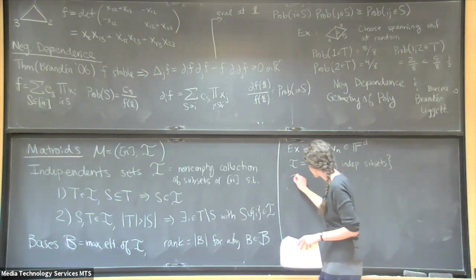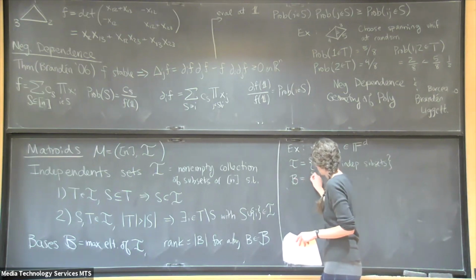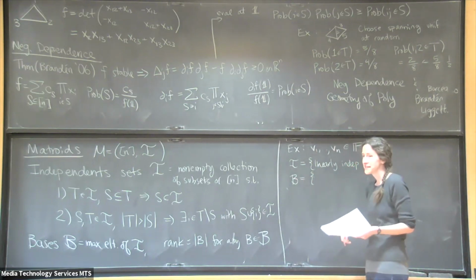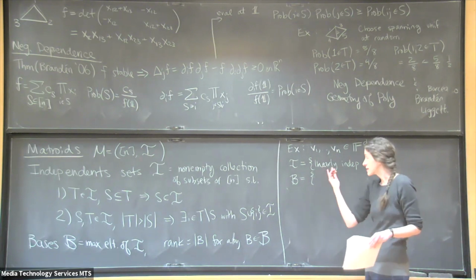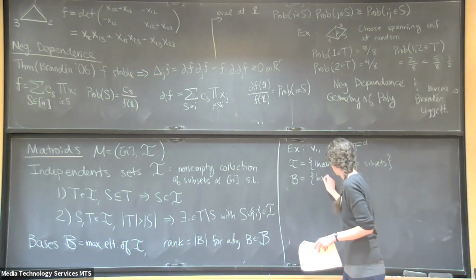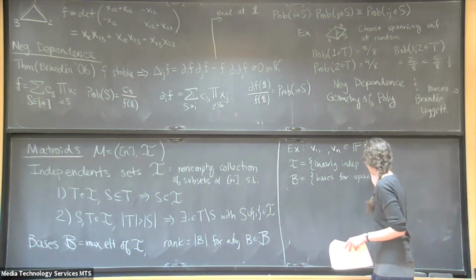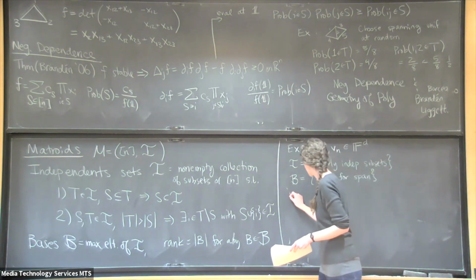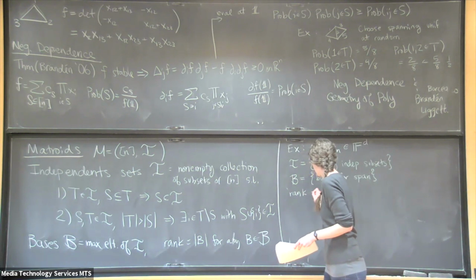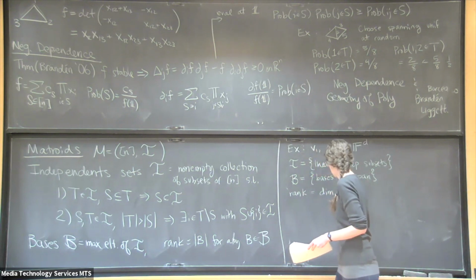And then my maximal elements will be collections of vectors that are bases for the span. That's the terminology, and the rank will just be the dimension of the span.